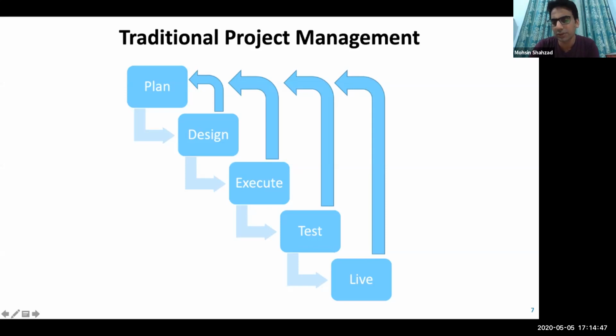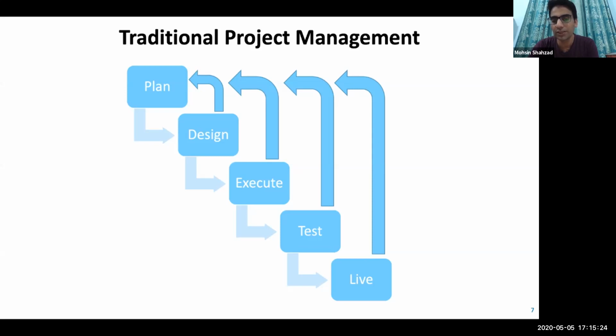I have seen many architects, and I'm myself certified in project management from PMI. I have negotiated with different architects, and whenever they have any change, even in construction material, or take an example from some other industry, even digital media, if they have any change in execution or testing, they have to go back and update the plan, because in the plan they have settled all the resources and dates.